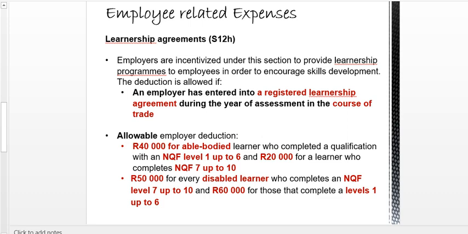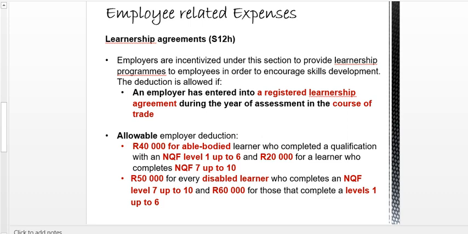If this employee is disabled, then you may deduct 50,000 Rand for every disabled learner completing an NQF level 7 to 10, and 60,000 Rand for those completing an NQF level 1 to 6.